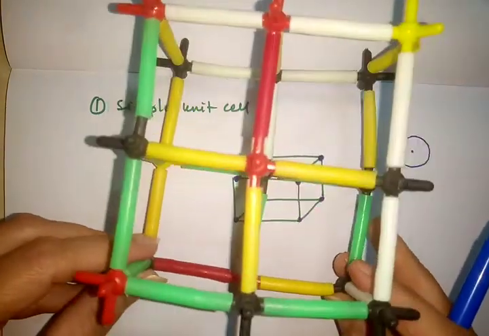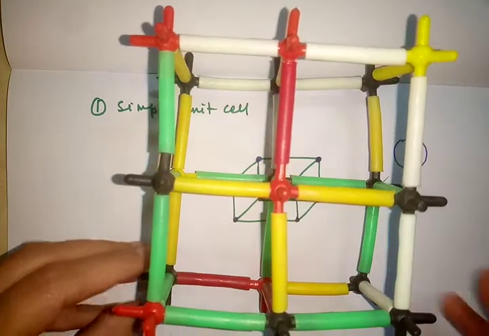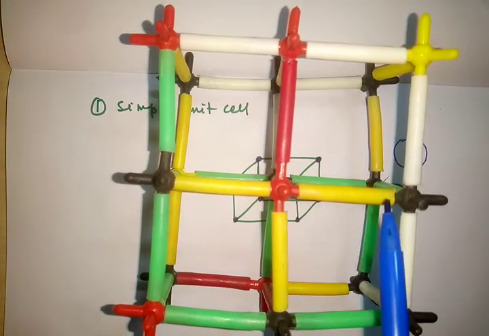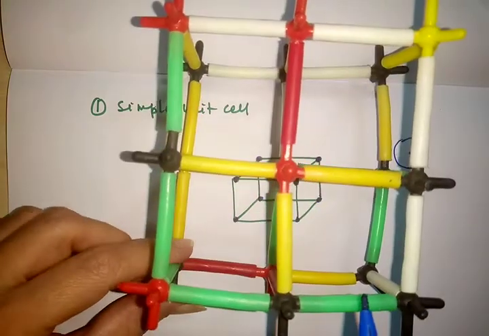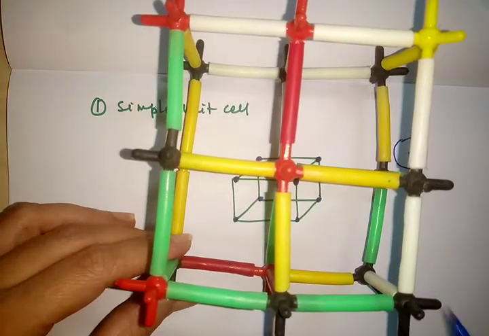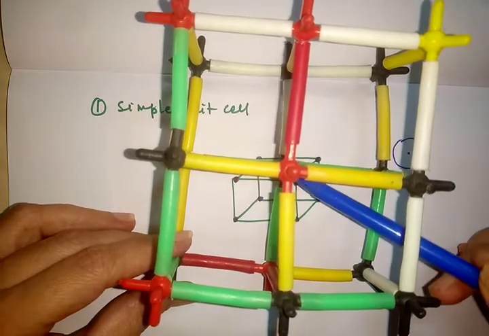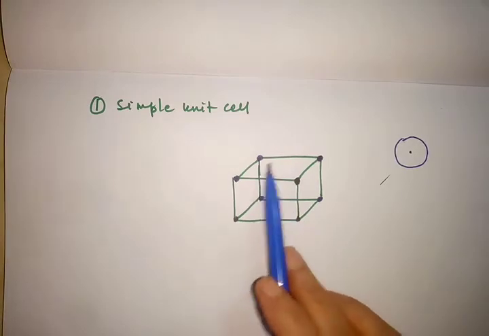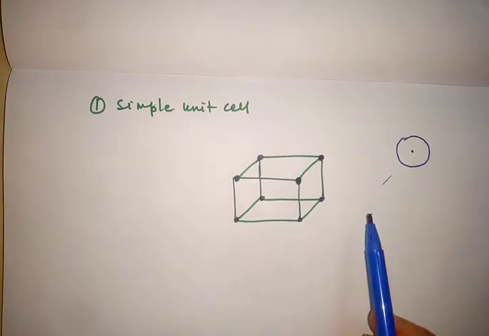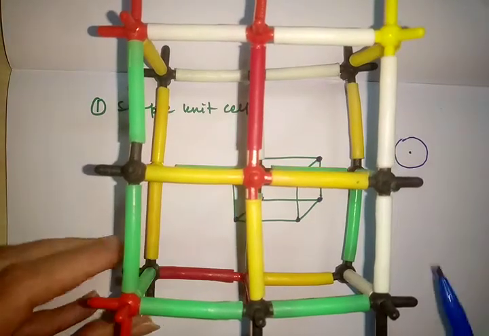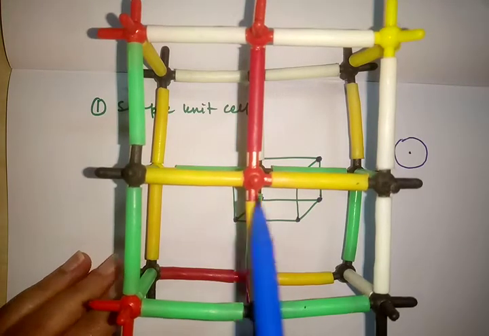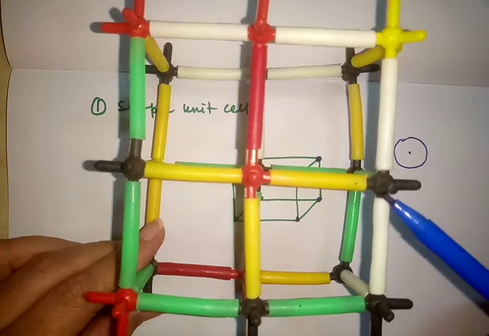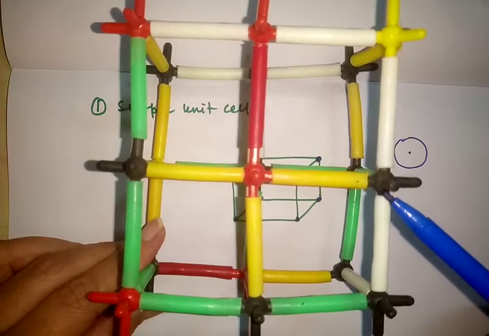Now each unit cell has got 8 corners: 1, 2, 3, 4, 5, 6, 7 and 8. The same thing I drew here. Say this is 1 unit cell, assume this as a cubic unit cell. This is the point or the sphere at the corner of each unit cell.